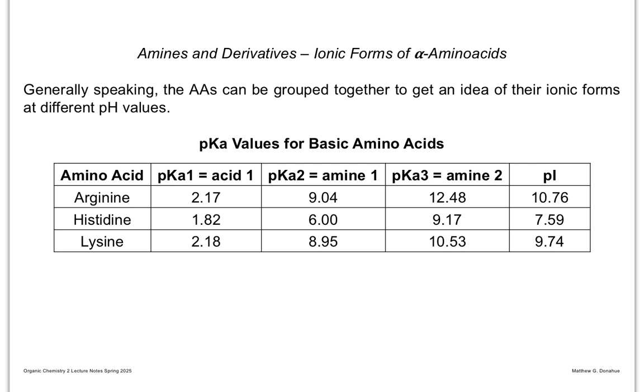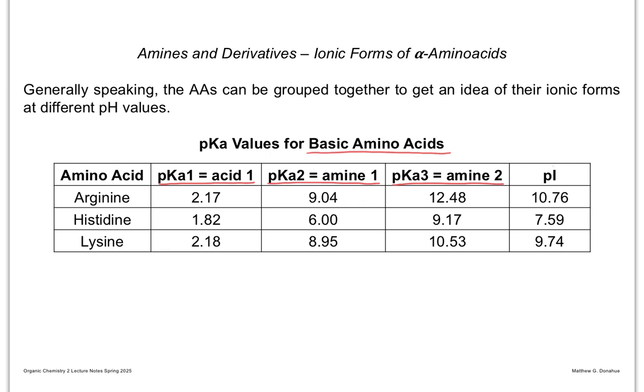So basic amino acids. These as well have 3 pKa values. So pKa1 is your carboxylic acid, pKa2 for amine group 1, and then pKa3 for amine group 2.